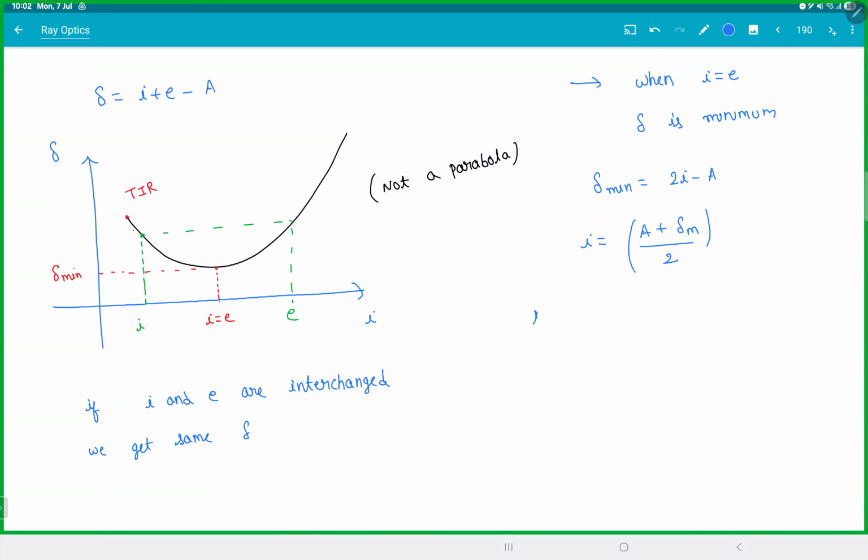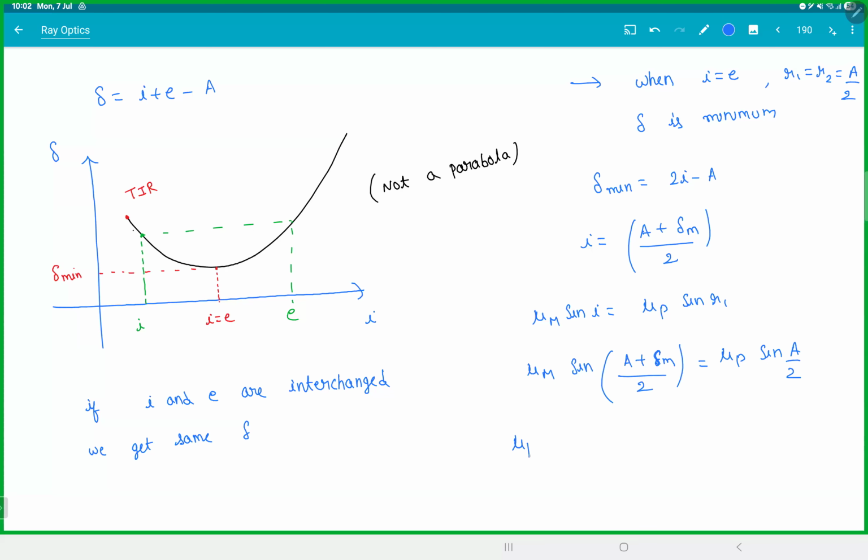Then applying this in Snell's law, mu medium sin I equals mu prism sin R. And if I is equal to E, then R1 is also equal to R2, which is equal to A by 2. Substitute here. There, this is the formula.